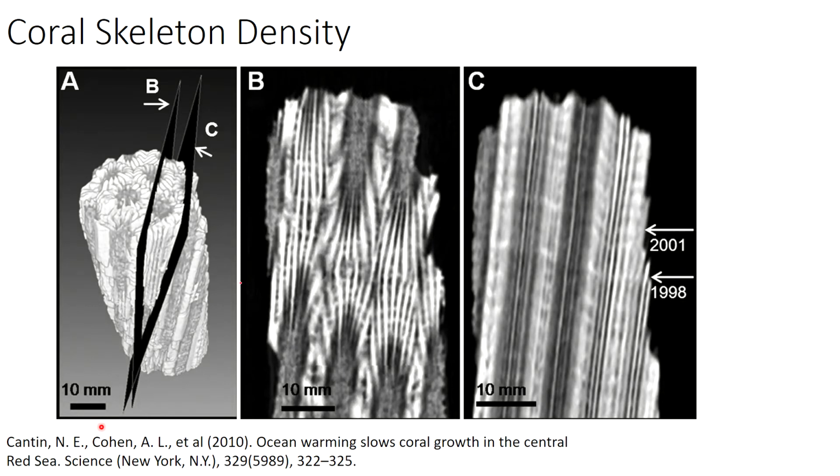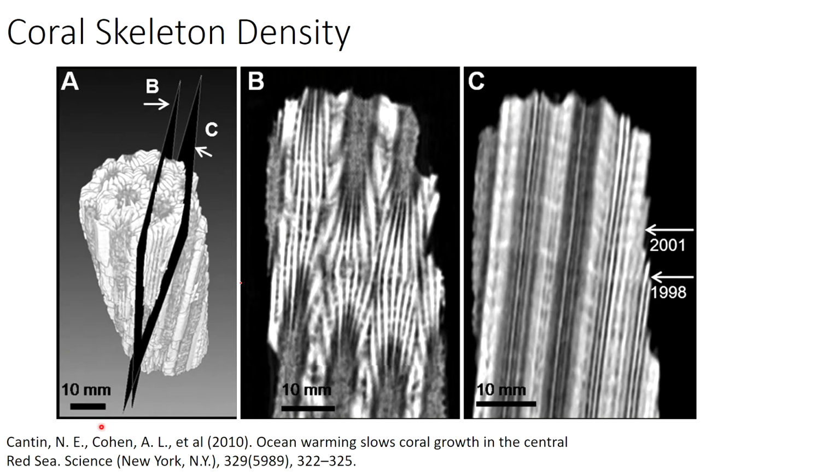Traditionally, this has been done by sawing out a slab, maybe somewhere between 5 to 10 millimeters thick, and you then put that in a regular X-ray machine, and you get an X-ray image of that coral. You can count the layers.